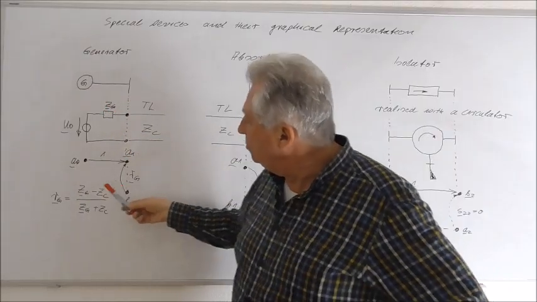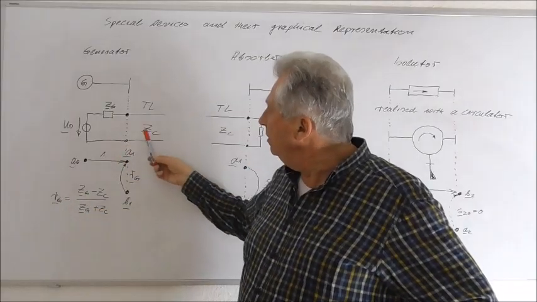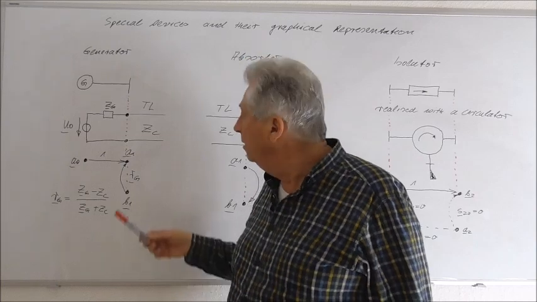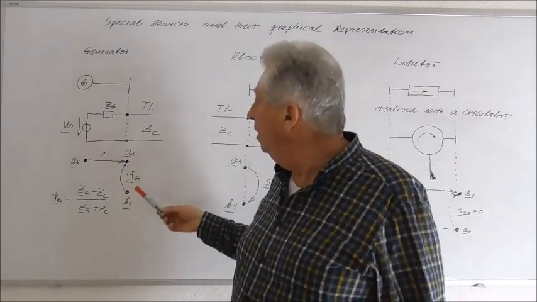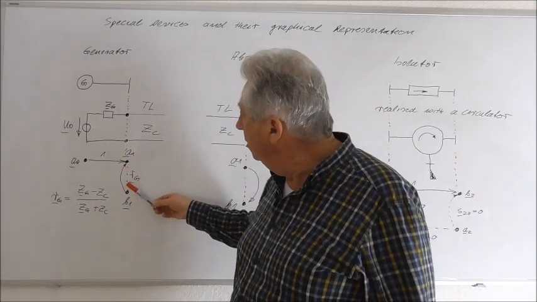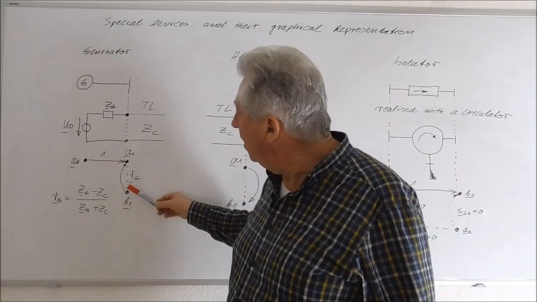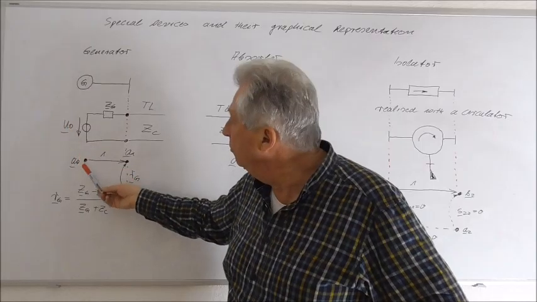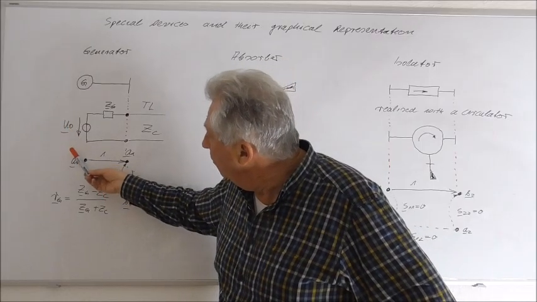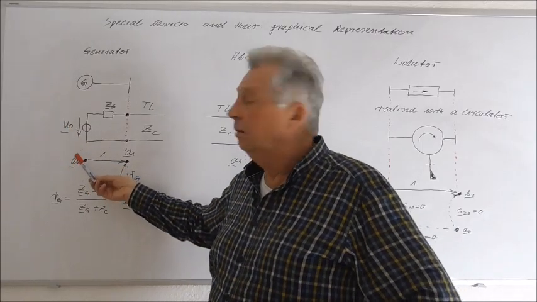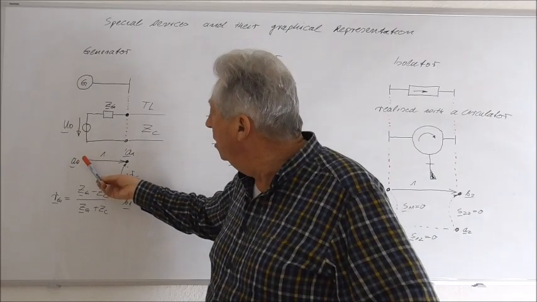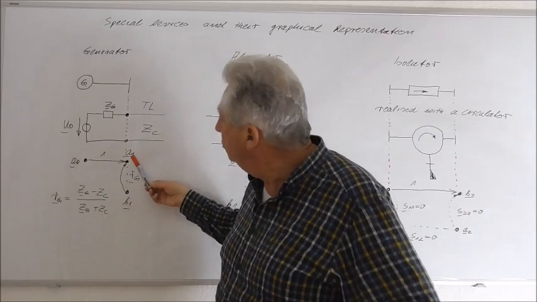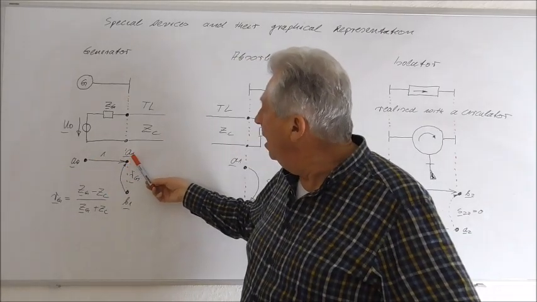Of course, if this ZG is not identical to the characteristic impedance of the transmission line, this will result in an RG in the signal flow graph, and the voltage source U0 will be responsible for the wave amplitude A0, which will be generated, and this is fed to this output port A1.